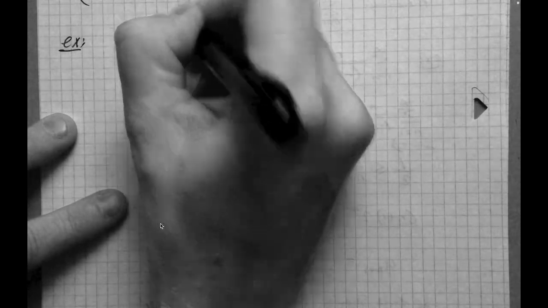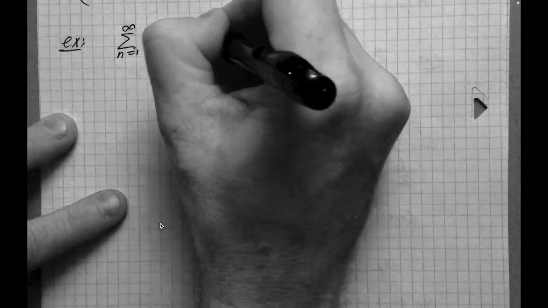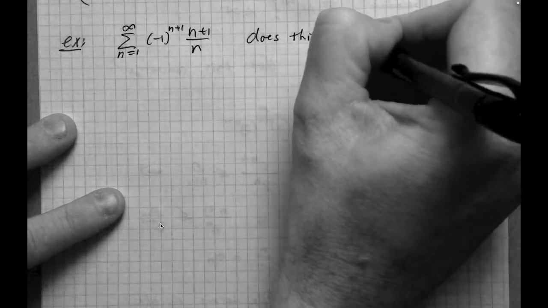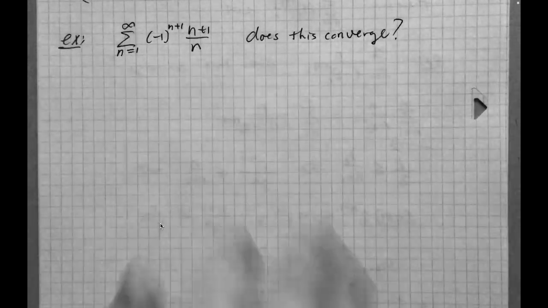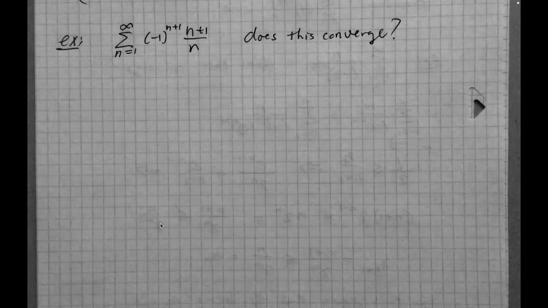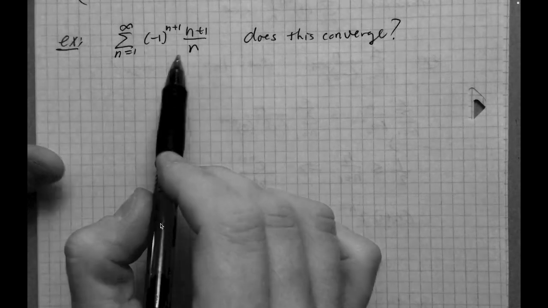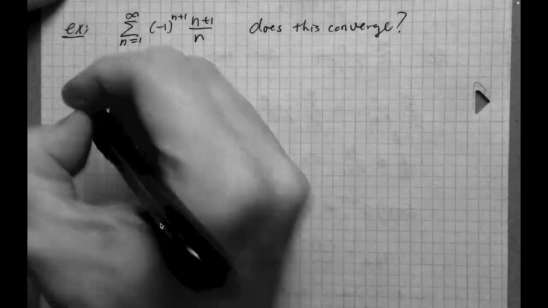-1 to the n plus 1 power, and then it's going to be n plus 1 over n. Does this converge? Okay, so a nice little series here. Now let's think about, first of all, let's talk about this condition here, see if it holds here.